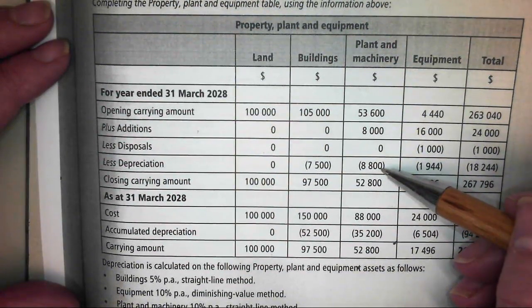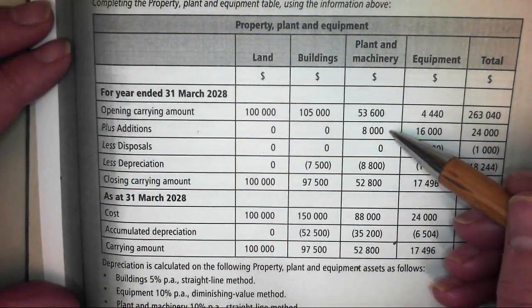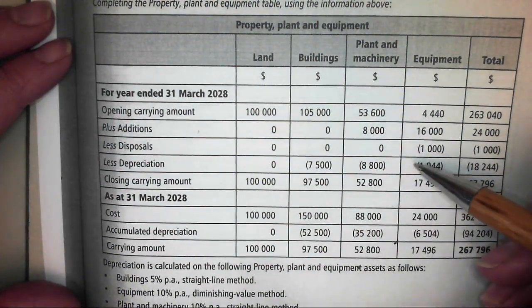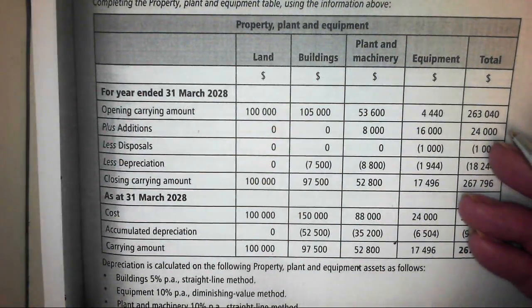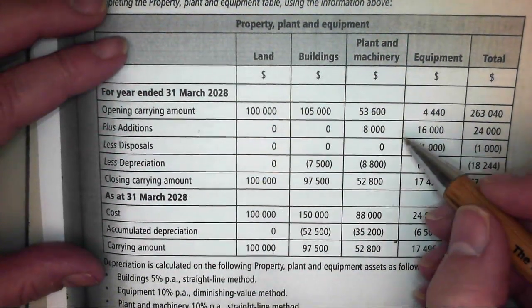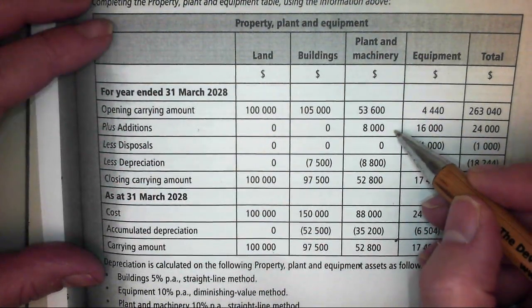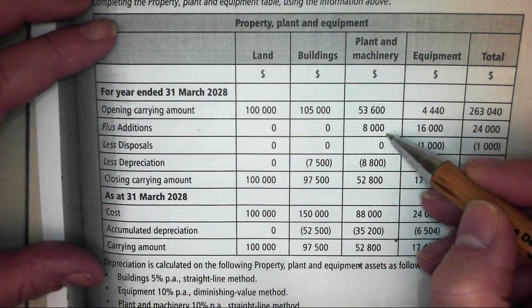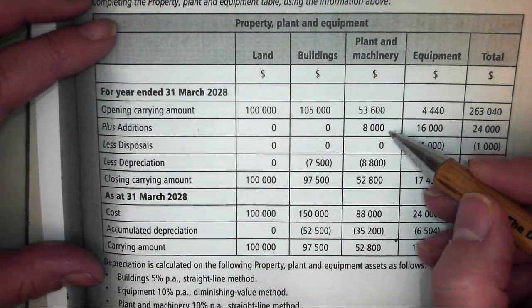Your movements during the year, in this case, there would be any additions. And remember, this section of the note, we're always working at carrying amounts to the business. So what the business is claiming the asset is worth to them. So in this case here, if I'm adding any sorts of plant and machinery assets into this account, they will come in at the carrying amount to the business.